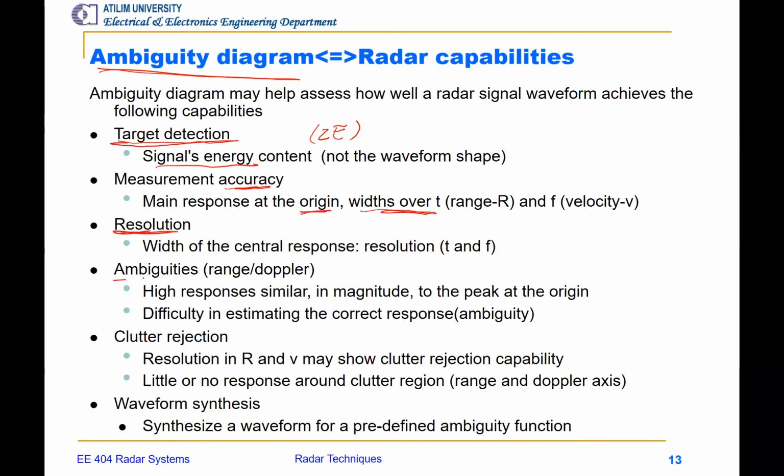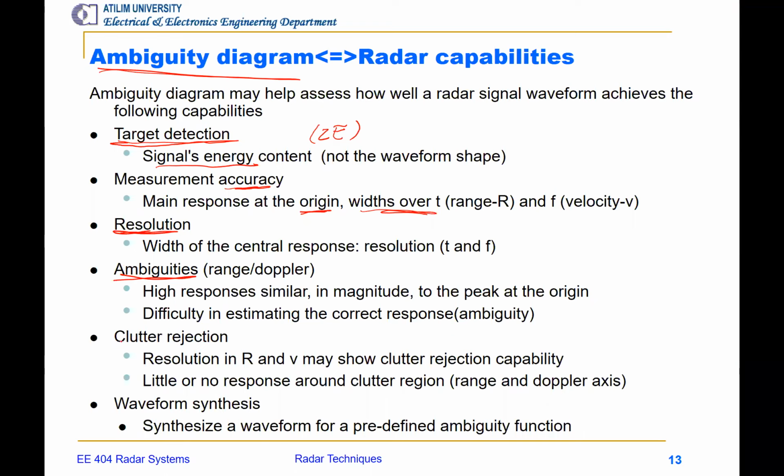It's about ambiguities as usual. High responses in magnitude relative to the peak at the origin mean more ambiguity, and we do not determine the range and speed of the target correctly.